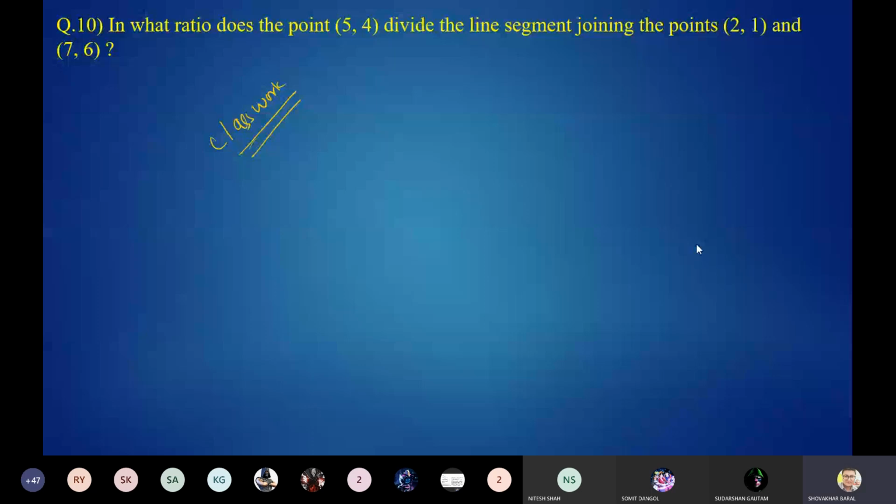Okay, has anyone solved it? Please let me know if you have solved it.